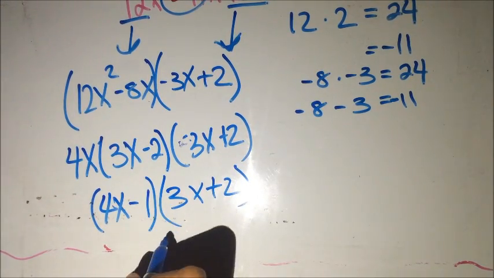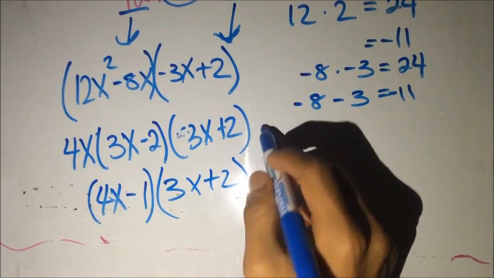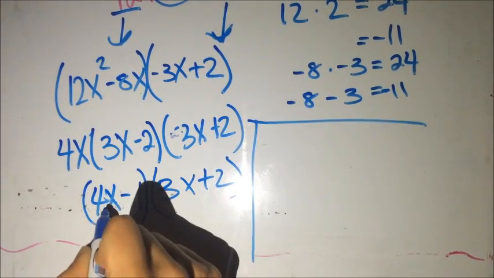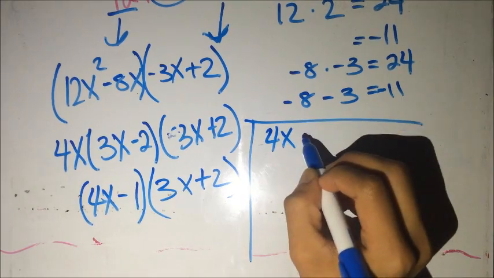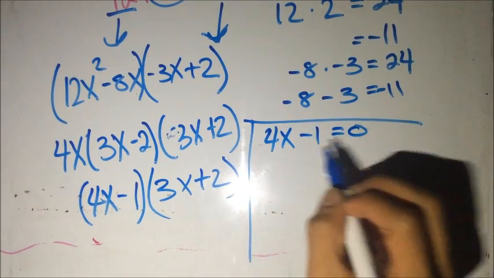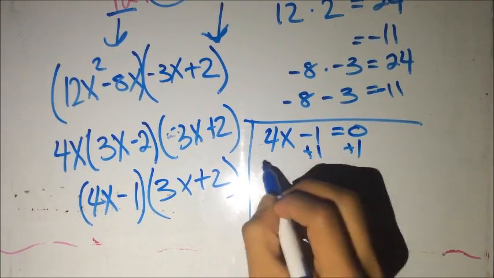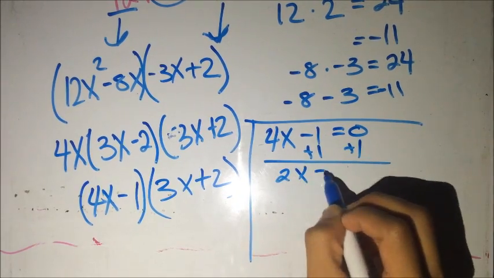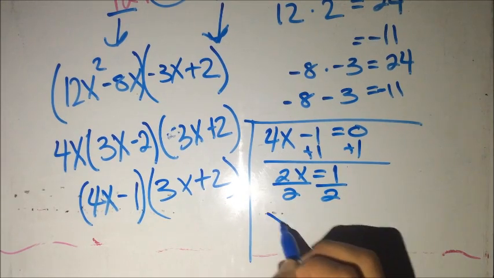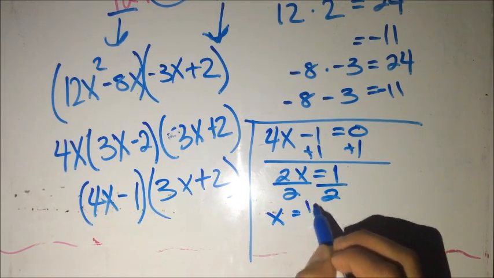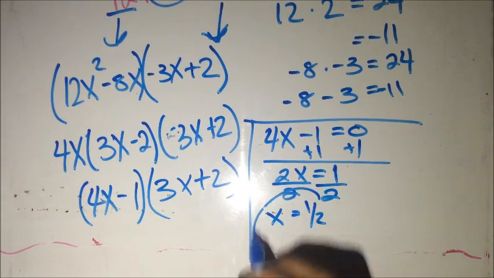Now from here, we find the factors of that. 4x minus 1 equals 0, plus 1, plus 1. 4x equals 1, x equals 1/4. That's our first.